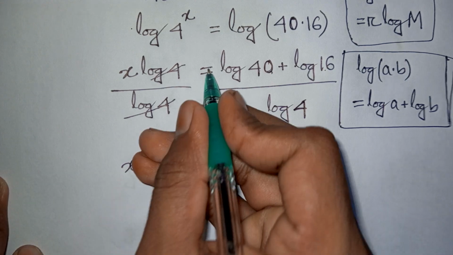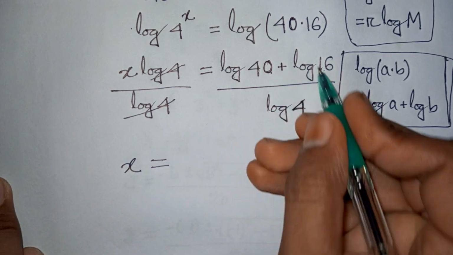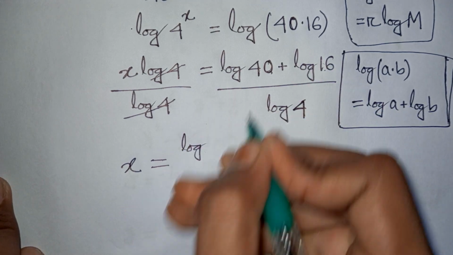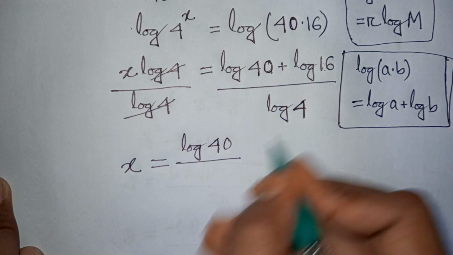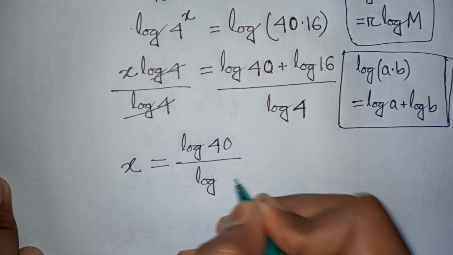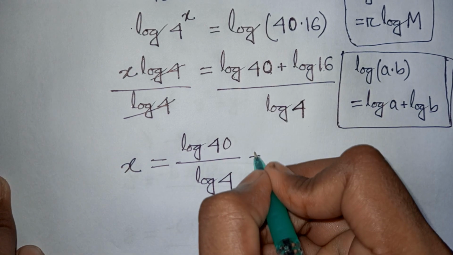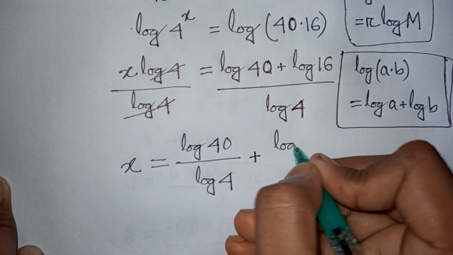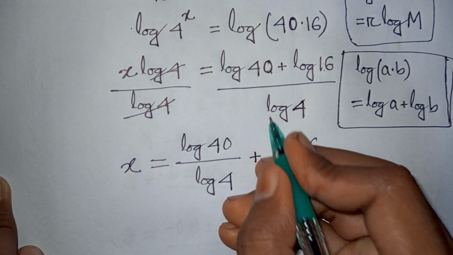So we have x is equal to this part over log 4 plus this part over log 4. So you can write here log 40 over log 4 plus log 16 over log 4.